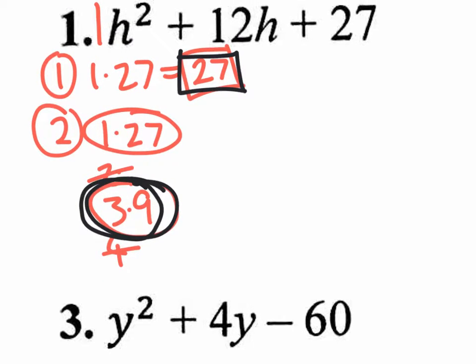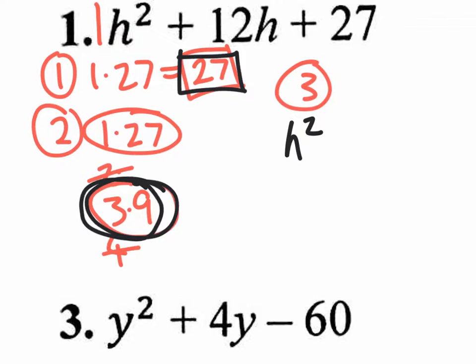And step 3, if you read above, is to convert your middle value, which in this case is 12, and rewrite it as the pair of numbers from step 2, which is 3 and 9. Okay, so this is going to sound weird, but you're going to rewrite this quadratic trinomial, but instead of a trinomial, you want a polynomial. So you're first going to have the h squared.